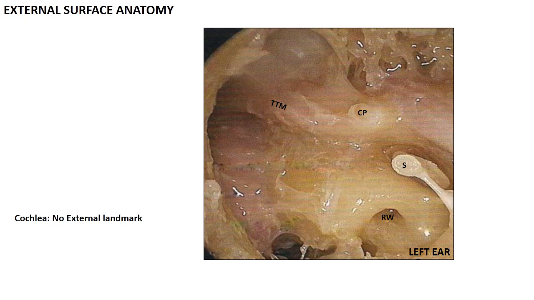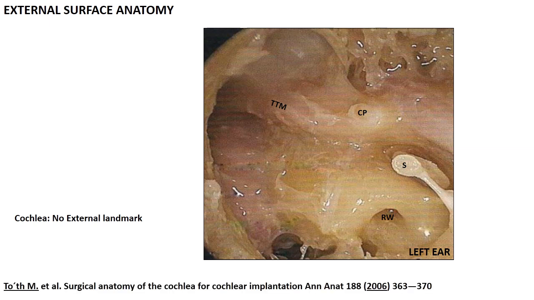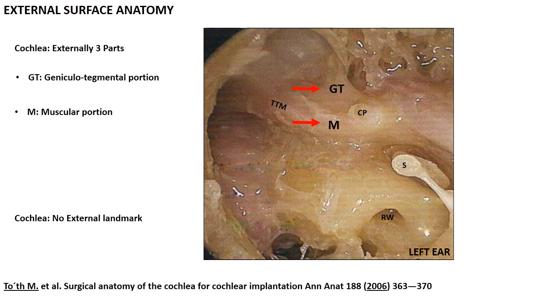Actually, there is no external landmark for the cochlea, and for this reason, Tos et al. in 2006 suggested dividing this part externally into three parts. One deep to the tensor tympani muscle, which will be called the muscular portion of the cochlea.